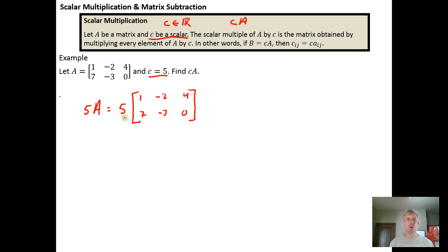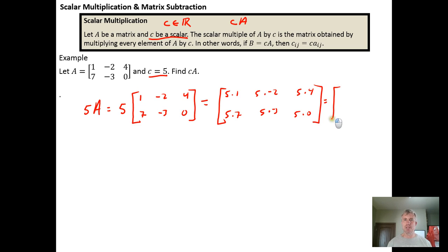And all we do is multiply 5 times each of the elements of the matrix. So we really get 5 times 1, 5 times -2, 5 times 4, 5 times 7, 5 times -3, and 5 times the 0.